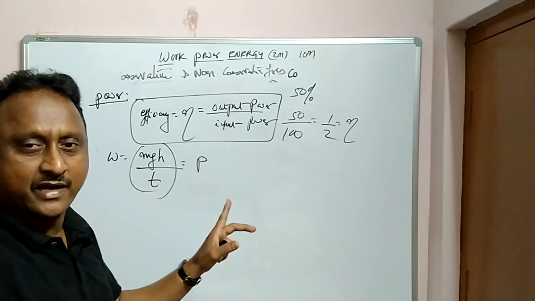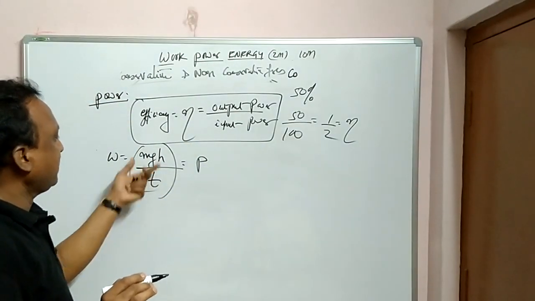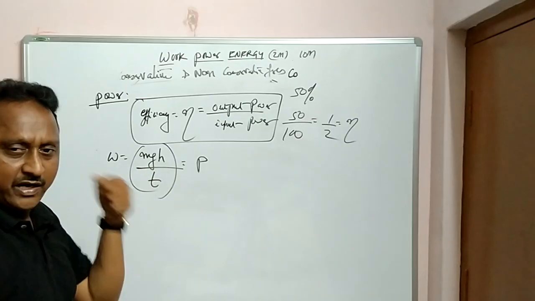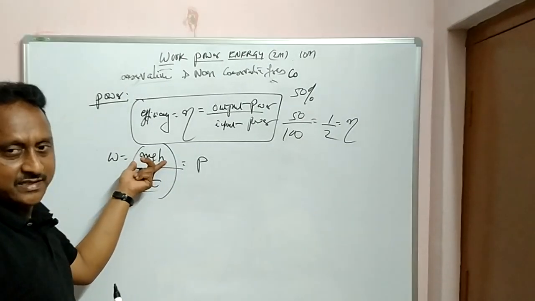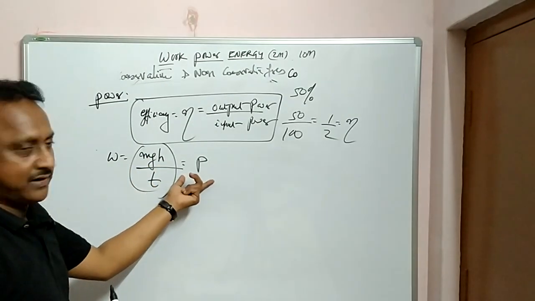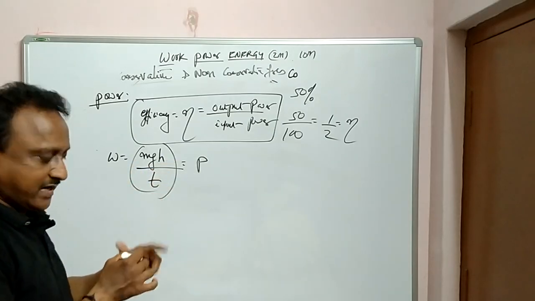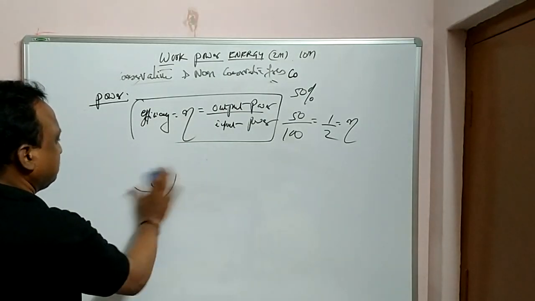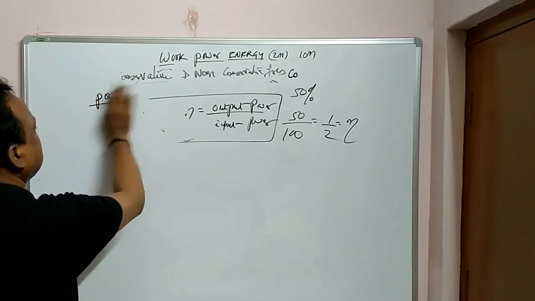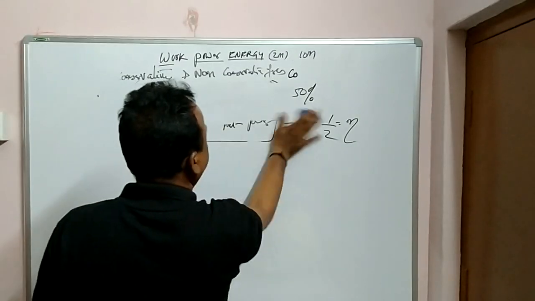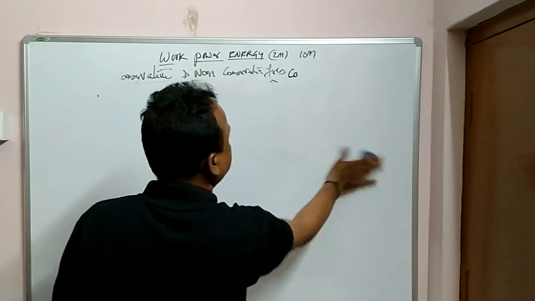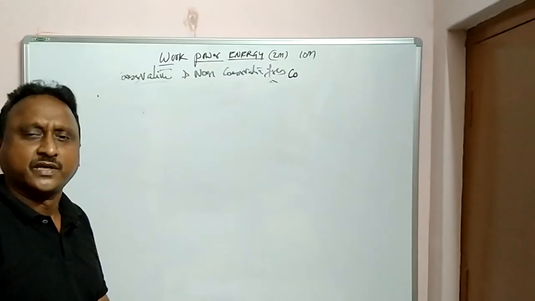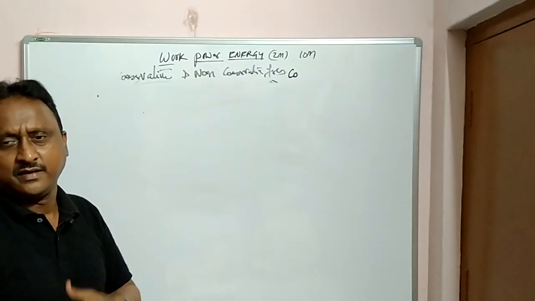Power formula ఒకటే, that is W by T. mgh, pulling water from a well, potential energy. Rate of doing work, power. So you can calculate the power. So this is the formula we will be using for efficiency, and also we will be applying in the numerical problems. Okay, clear?